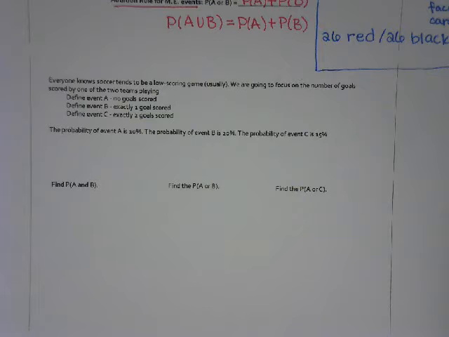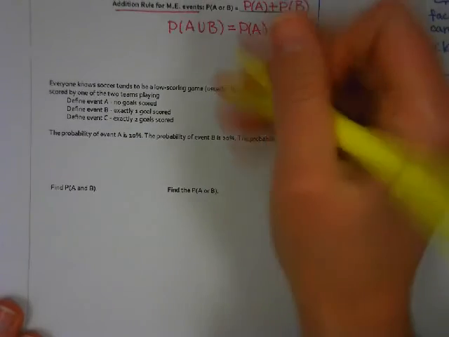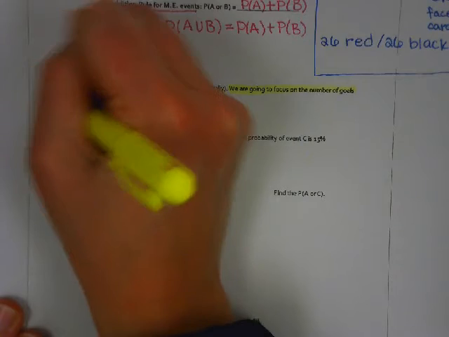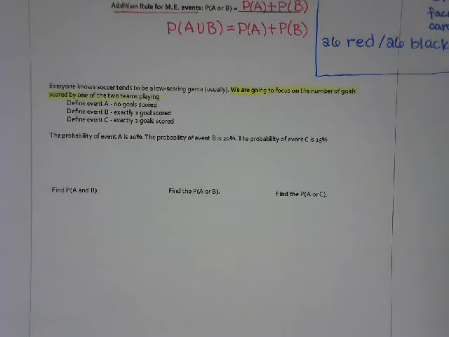All right. So what I want you to note here is that we're going to focus on the number of goals scored by one of the two teams playing. Okay, we're not looking at the two teams together, just one. Event A is no goals are scored.